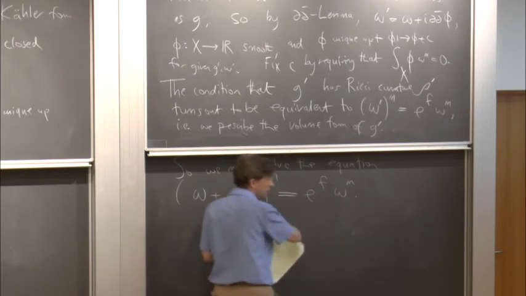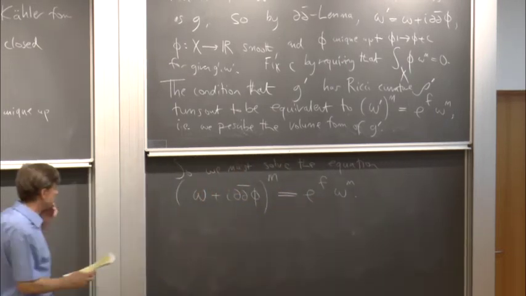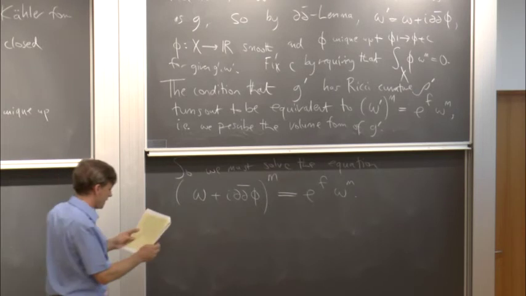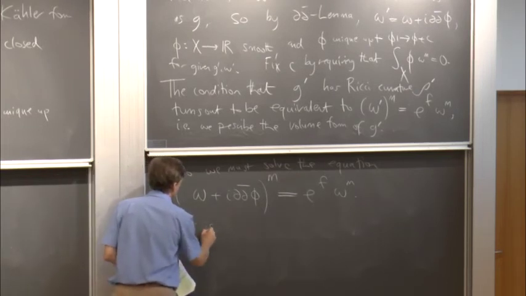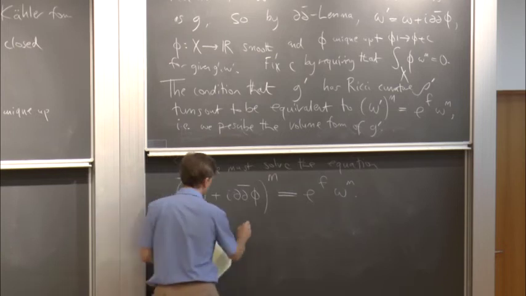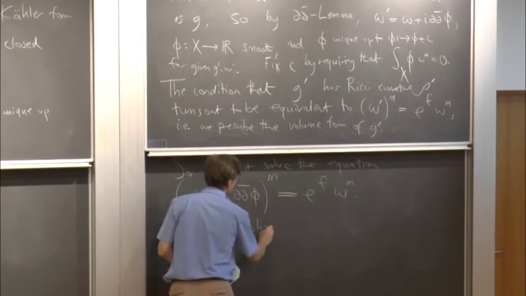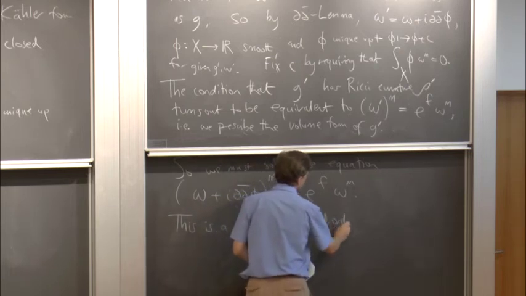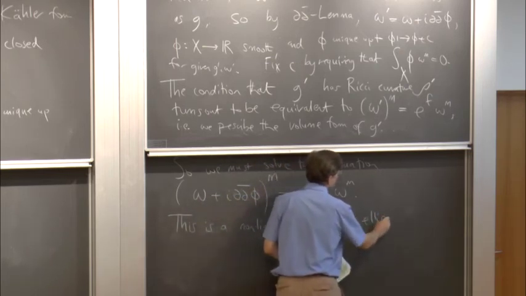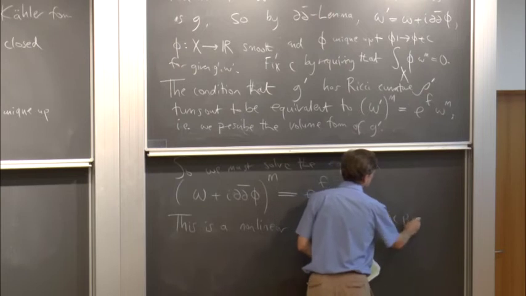Okay, so this is an equation in real 2m forms on our manifold. And this is a nonlinear, second order and elliptic PDE.